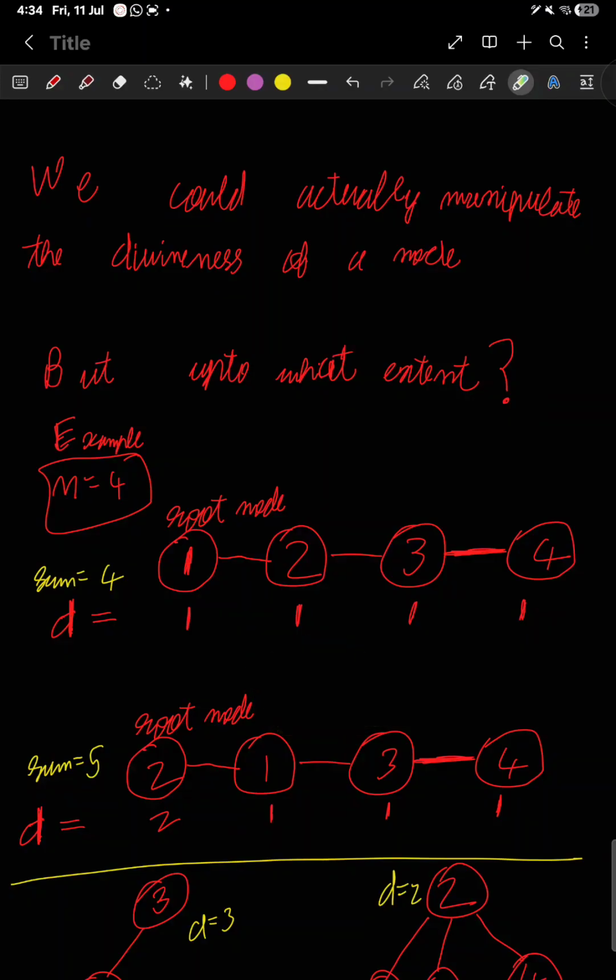So as we have proved, the divineness could vary from 1 to the value of the current node.